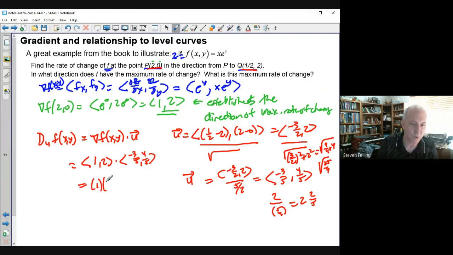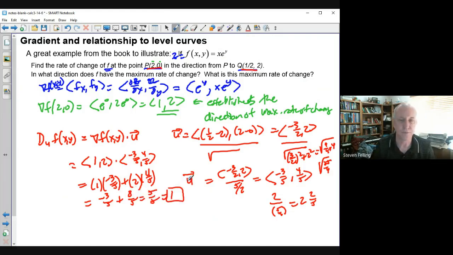So it's going to be 1 times negative 3/5 plus 2 times 4/5, right? Negative 3/5 plus 8/5, 5/5. So it's going to be 1. Happens to be 1. Okay.